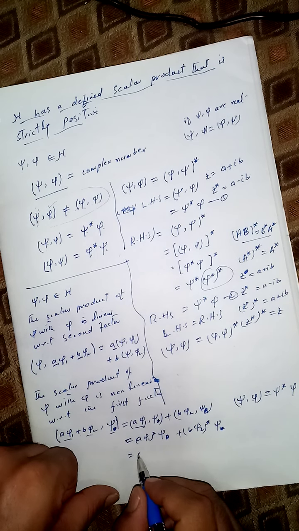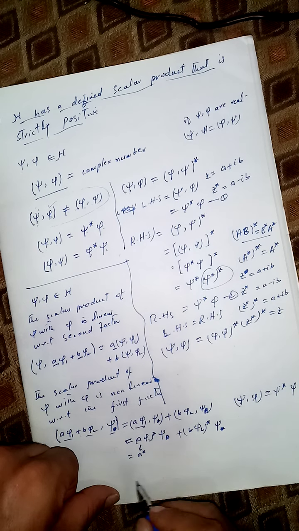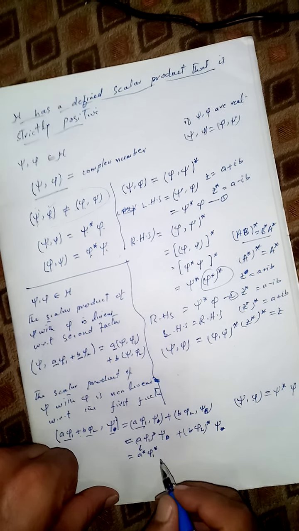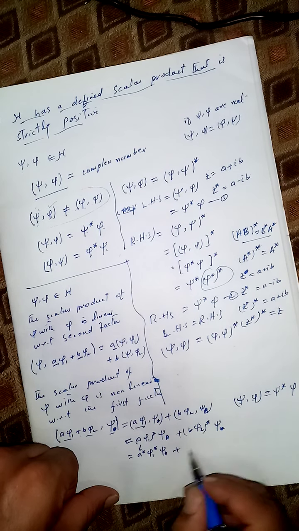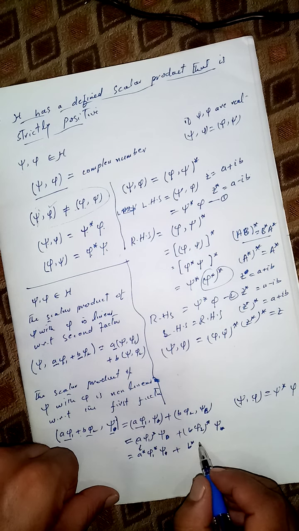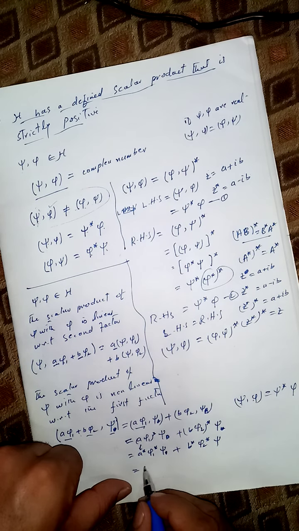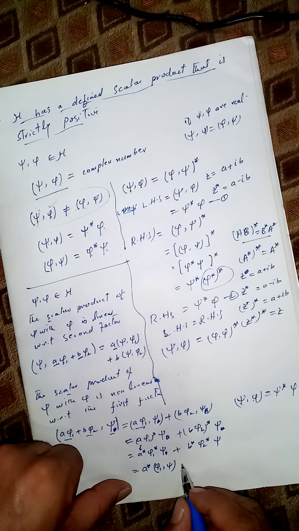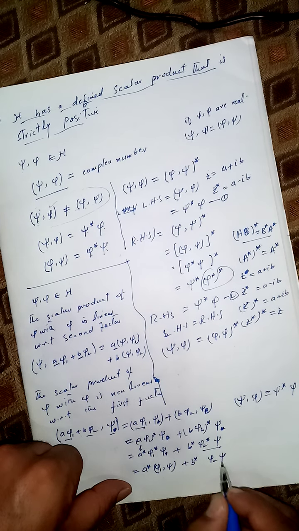Now this is equal to a*, which is a scalar number, φ1* ψ plus b* φ2* ψ. Now this is equal to a*⟨φ1|ψ⟩ plus b*⟨φ2|ψ⟩.